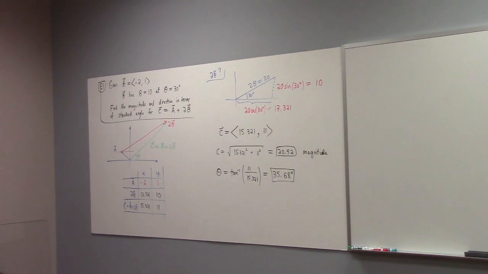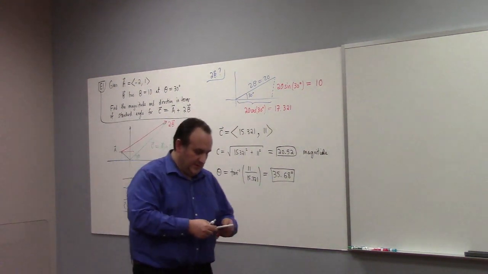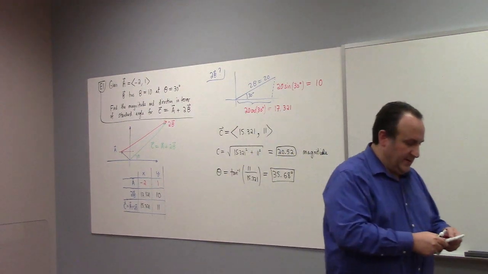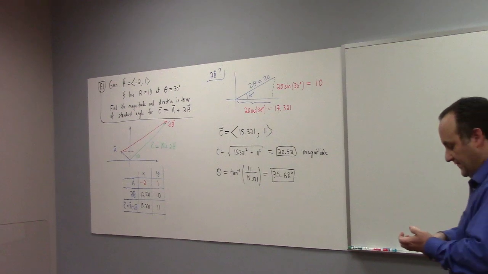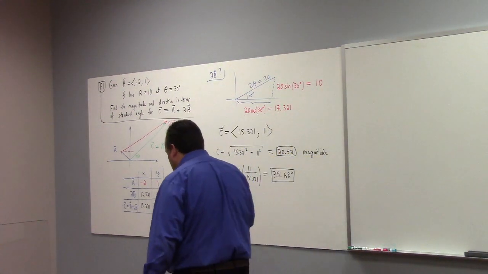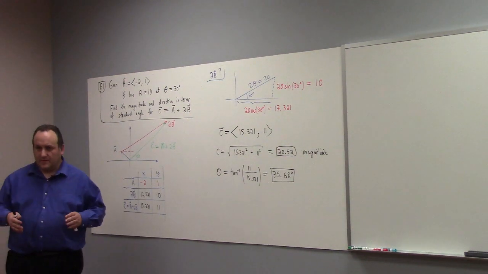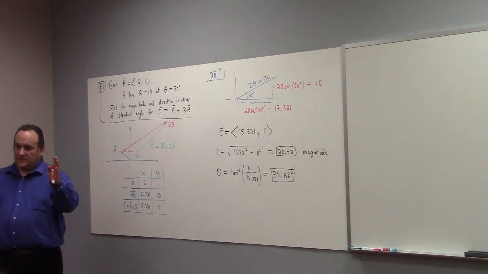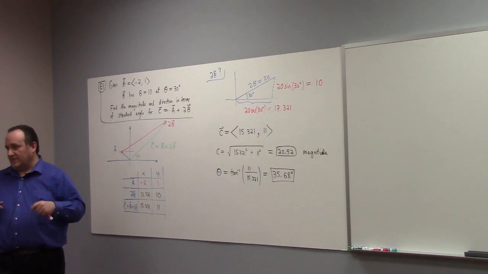Any questions? Yeah. Is there a unit we should give for magnitude? We're working at the moment with dimensionless, unitless, if you will, vectors. And this is where we start. Of course, in practice, we'll not too long from now be talking about forces and position and velocity and acceleration. And so as a general point of order, a vector will have components that will have a certain dimension, and the magnitude must also have that same dimension.